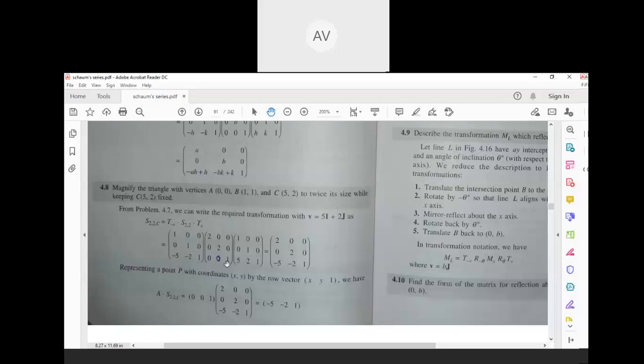So translation, then scaling, then again we move back to its original position, so it will be inverse translation with the values 5 and 2 again. So you will get the composite transformation matrix here.